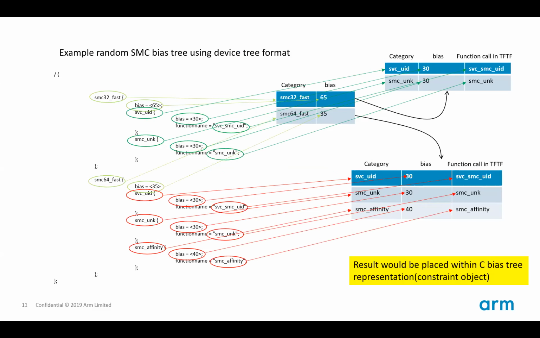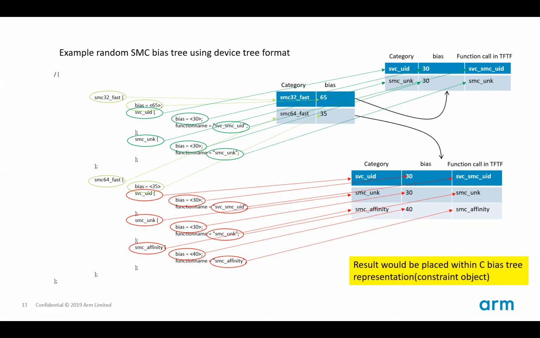So it's fairly straightforward. For every node at the top of the hierarchy, you see SMC 32 fast, SMC 64 underscore fast, that's the general category. Below each of those, you have a bias associated with that. And then you keep going down until you have what's called tree nodes. You do the SVC UID, and ultimately that's the actual SMC call.